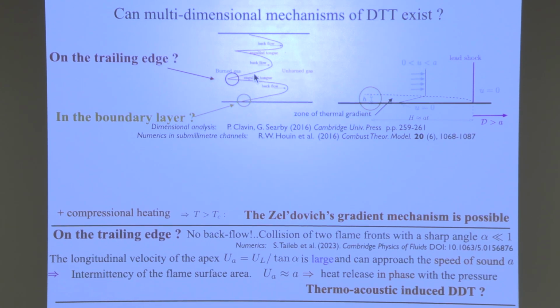For the moment, I did not see any experiment clearly showing that you can have a hot spot on the trailing edge. What I saw is some numerics that describe this possibility of a thermo-acoustic induced DDT.